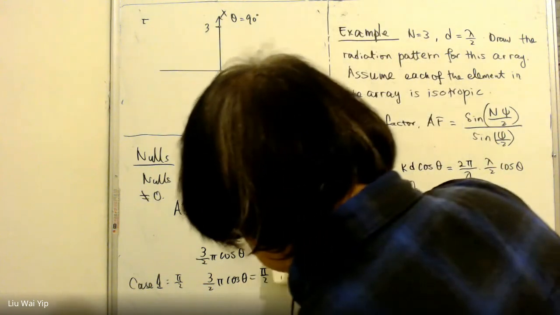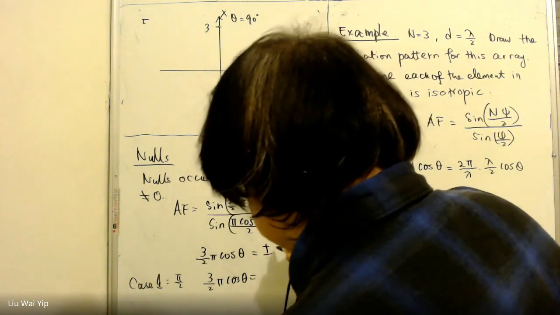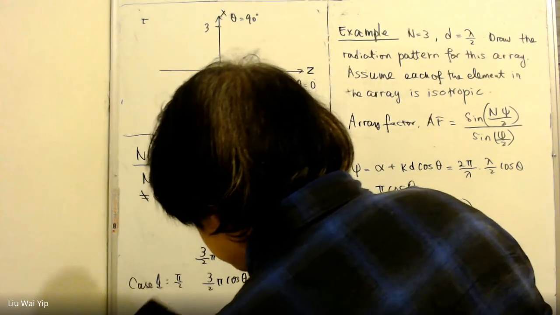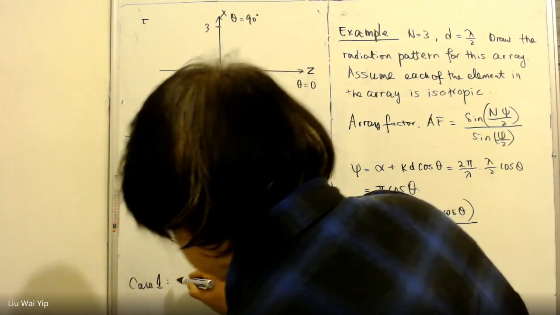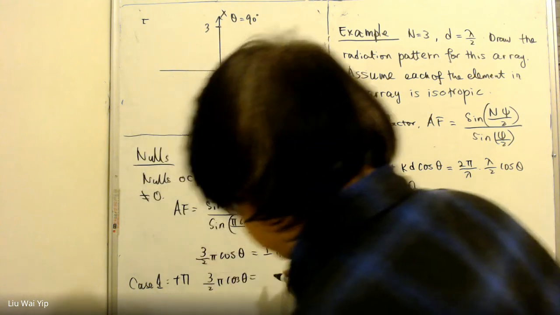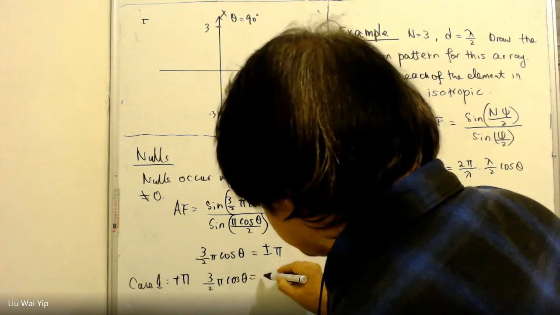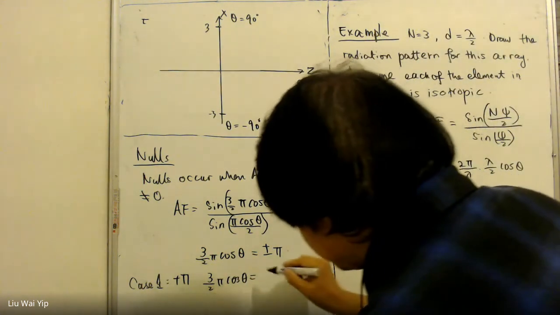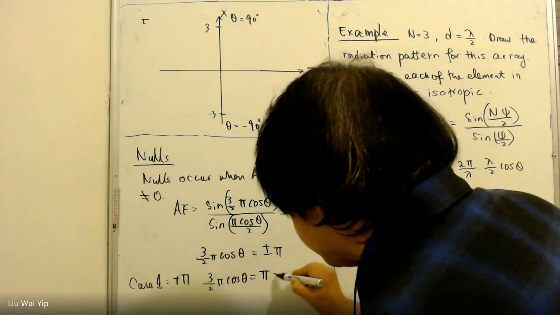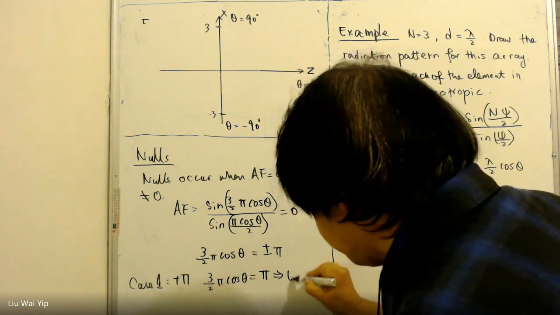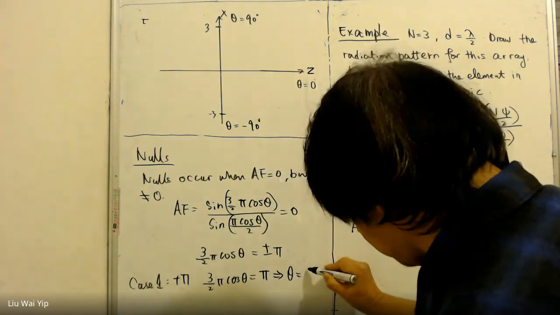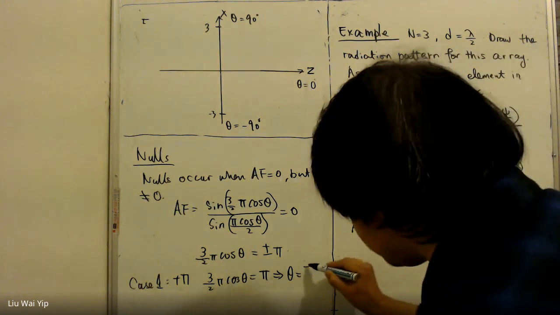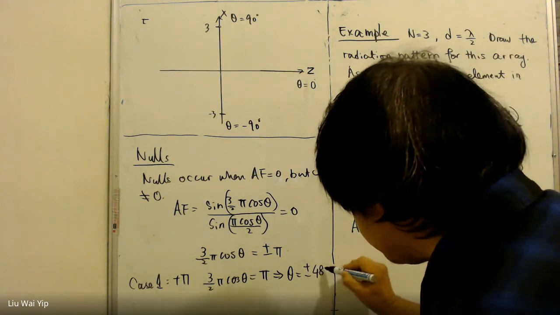I mixed up here. It should be pi. So case 1, pass pi and see what we are going to get. And if you work it out carefully, you will find theta is equal to plus or minus 48 degrees.